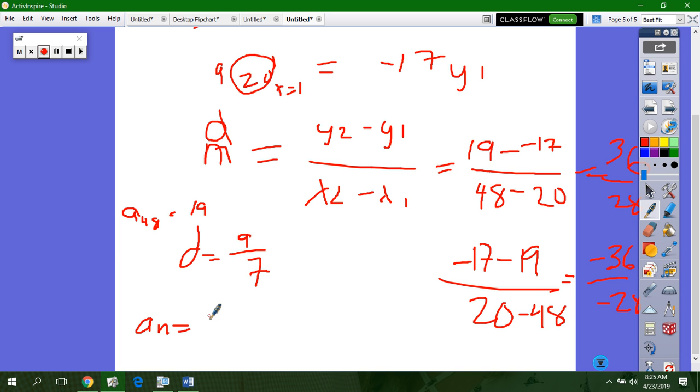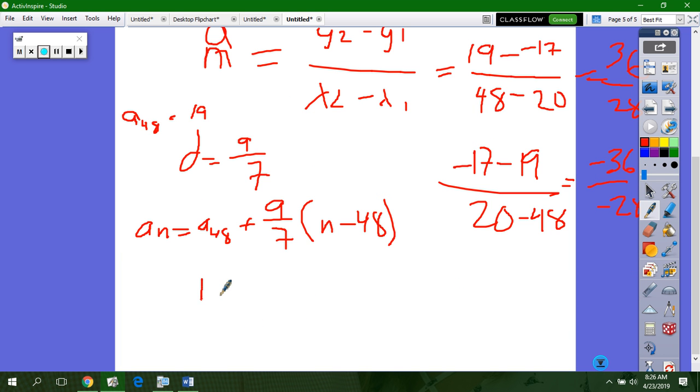So here we go. A sub 48 plus our difference times n minus 48. So our A sub 48 was 19 plus 9/7 n. 9 times 48, that's 360 plus 72, so 432.